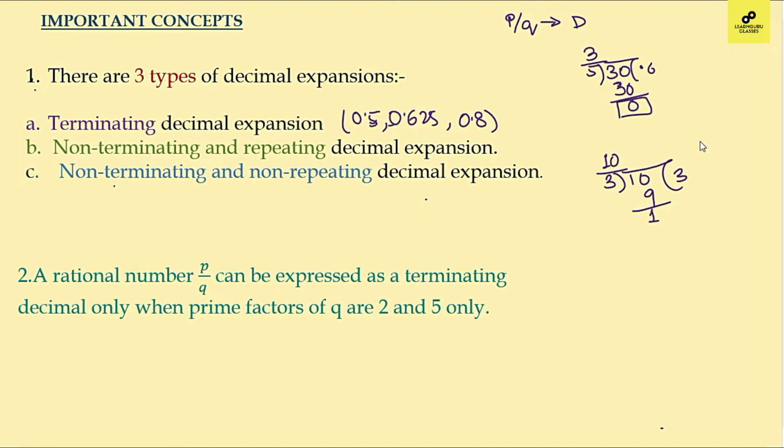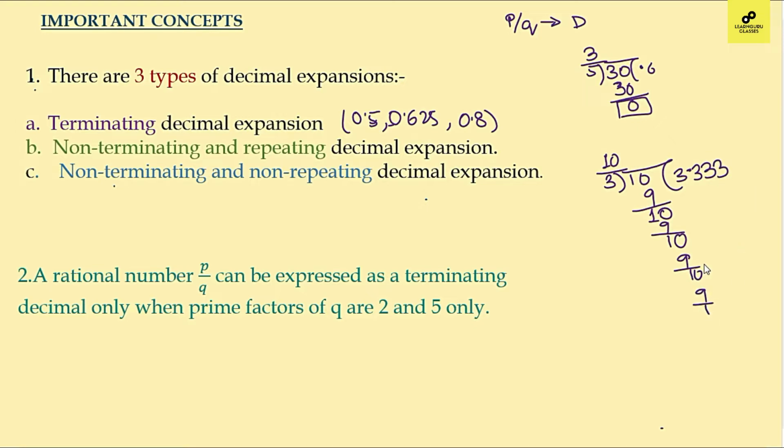We can perform the division further, but 1 is less than 3, so we give a 0 next to 1 and a decimal point. Again 3 threes are 9, again you are getting 1. So 1 is less than 3, 0. 3 threes are 9, 1, 0. 3 threes are 9, 1.